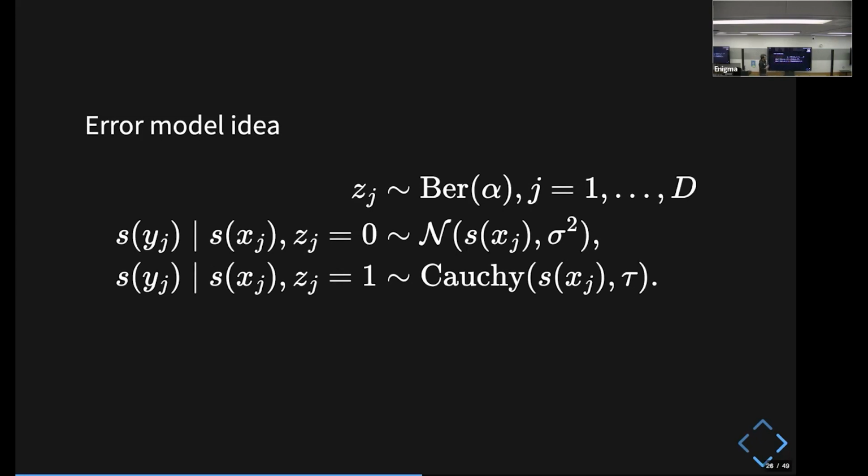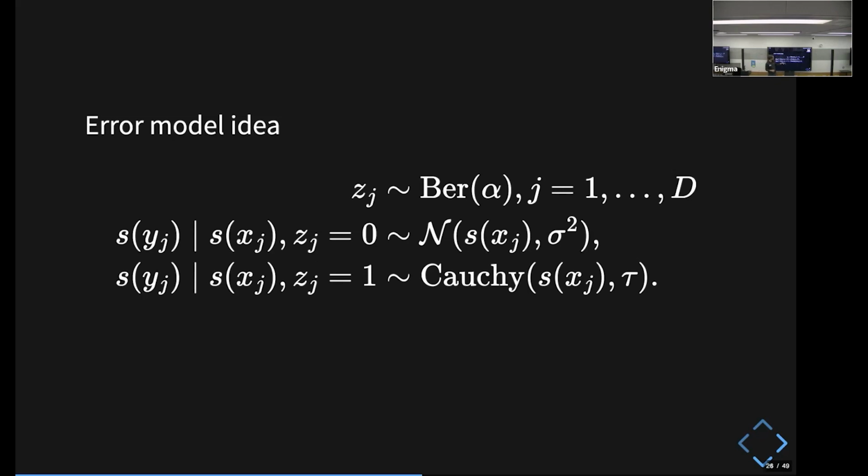We would say that with a certain probability alpha, we sample this indicator, and if it's 0, we would have a very low variance, a very small number, normal distribution around the simulated data, which would mean that with very high probability the observed data, so we write S for a summary statistic, which might be a particular modeling aspect or a stylized fact, anything like that, would be very close.